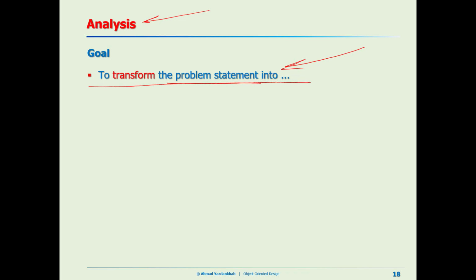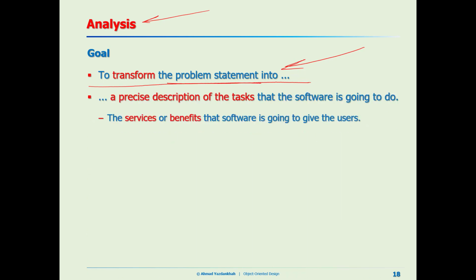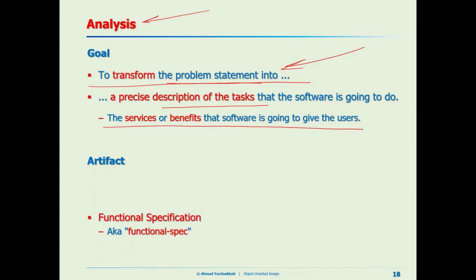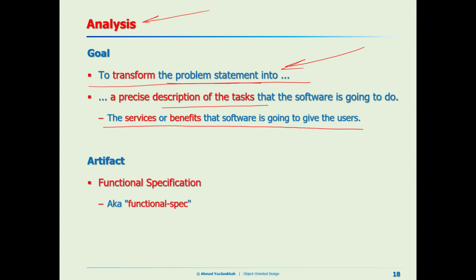A precise description of all of the tasks that this software is going to give us, all of the services and benefits that our client is demanding. So what would be the artifact of this phase? The artifact will be the functional spec, or functional specification.